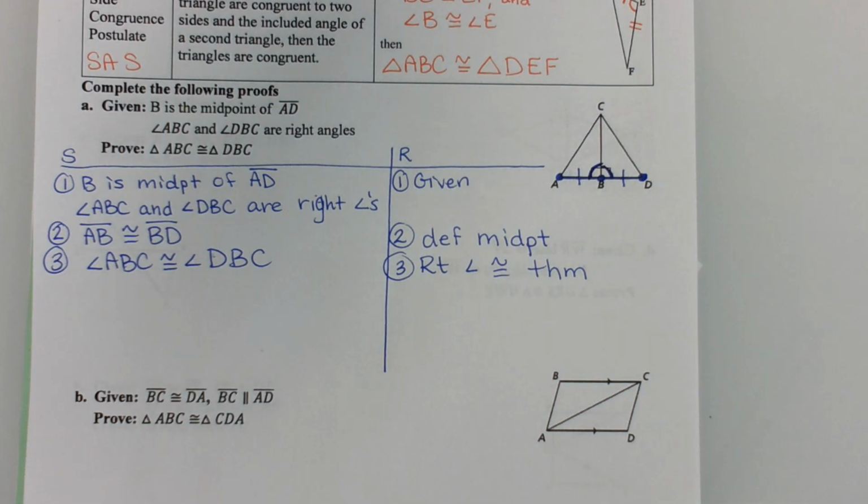In these proofs, I need 3 pairs of congruent symbols. How many congruent symbols are currently in my proof? 2. I need 1 more. So, I go through all of my things.